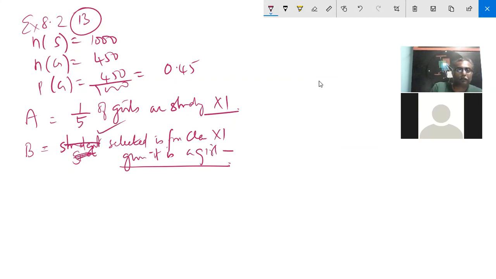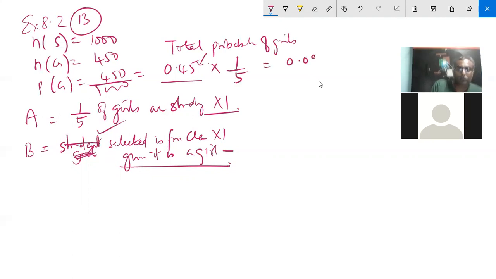The total probability of being a girl is 0.45, then that into 1/5 gives 0.09. So 0.09 is the probability of girls studying in class 11. So it is a girl who is studying in class 11.